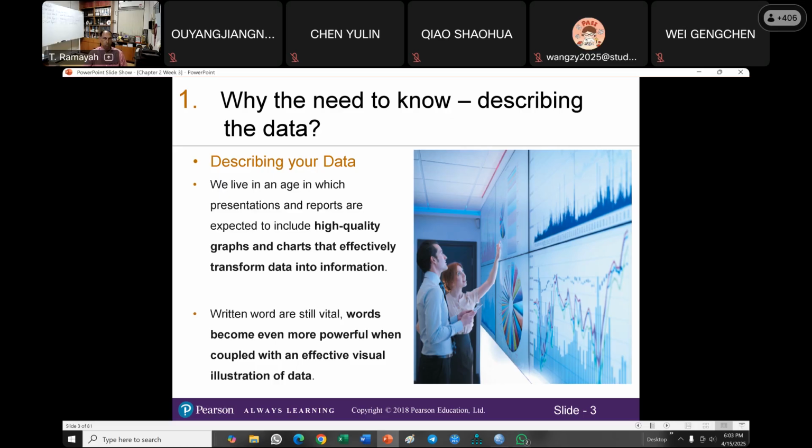People visualize or they can construct the images much more clearly by looking at charts. So that's why understanding of the different kinds of charts available is important so that you know when to use which kind of charts.